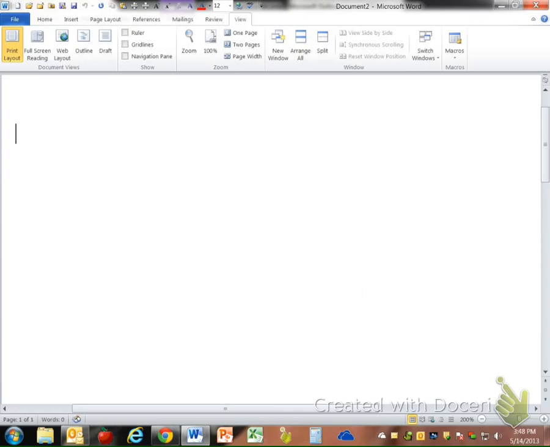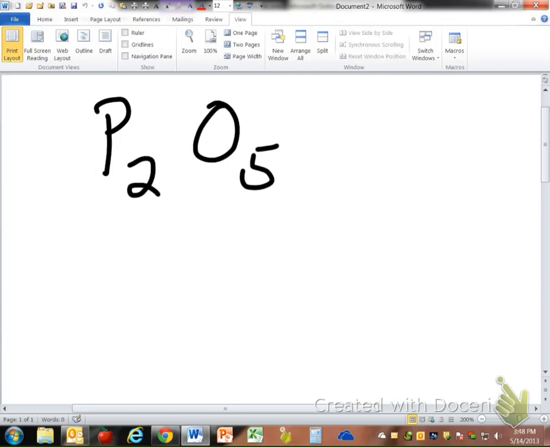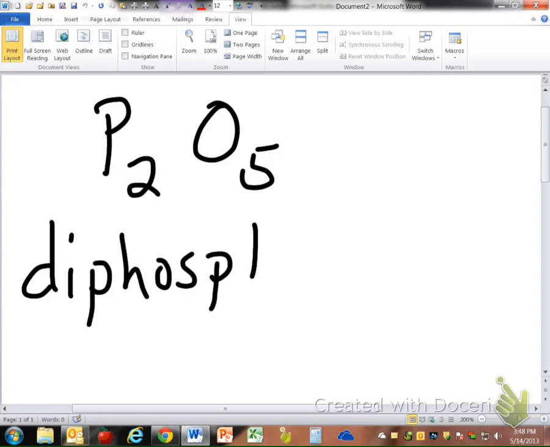Okay, what if I have a subscript with the first atom, such as P2O5? Well, the first atom, since it has a 2, it's not mono, so we don't have to worry about it. It is di. And remember what element P is. That is phosphorus. Just takes a moment to write out.